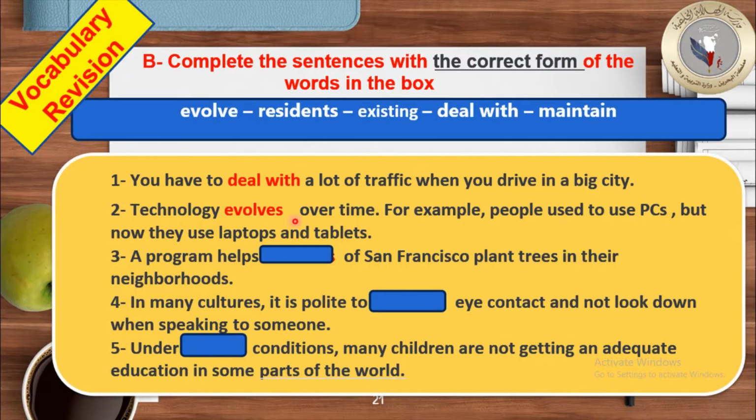Correct form means I have to change or adjust the verb or the word in general. Here I put in the gap, I have to look for a while if it's okay or not before I leave it and go to the next sentence. Now number three, a program helps space of San Francisco plant trees in their neighborhood.